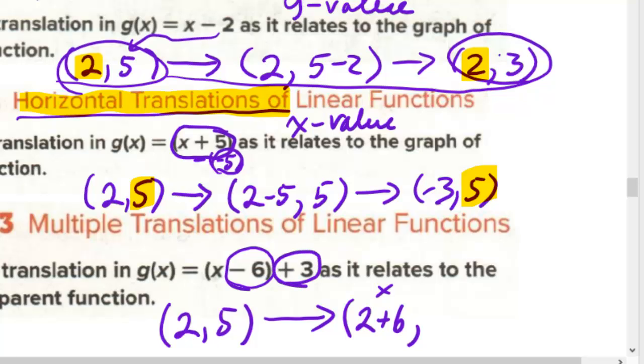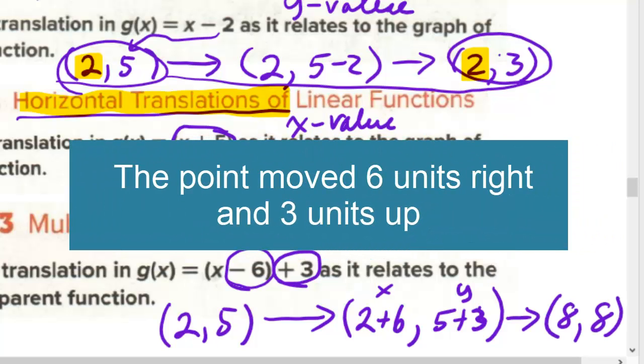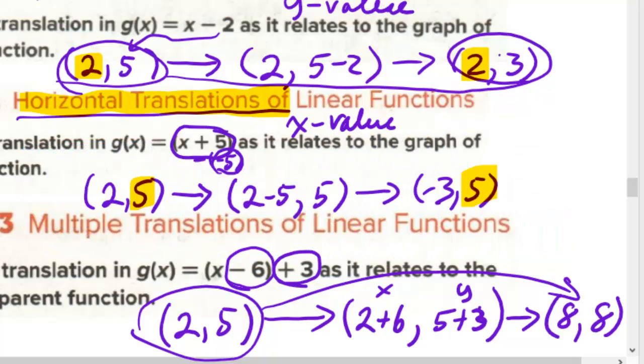And then this +3 here is affecting the y, which is going to give me 5 plus 3, which is the y coordinate. And the final translated point would be (8, 8). So this point here translates to (8, 8) on the graph. So when you have multiple translations, you're changing both the x and the y from beginning to end.